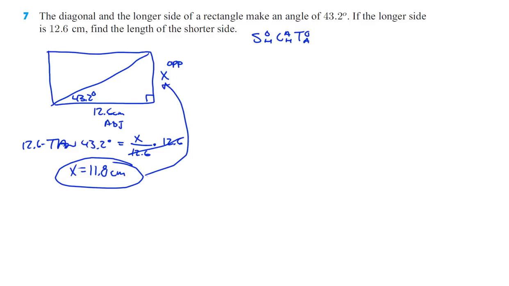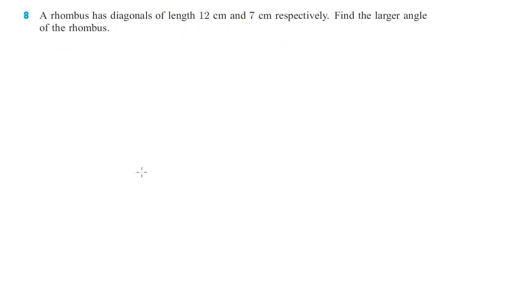Okay, all right, moving on to the next one, number 8. A rhombus has diagonals of length 12 and 7 centimeters respectively. So let's draw ourselves a rhombus. If you'll remember, a rhombus is basically just a squished square. So that means that all these sides here are all the same.